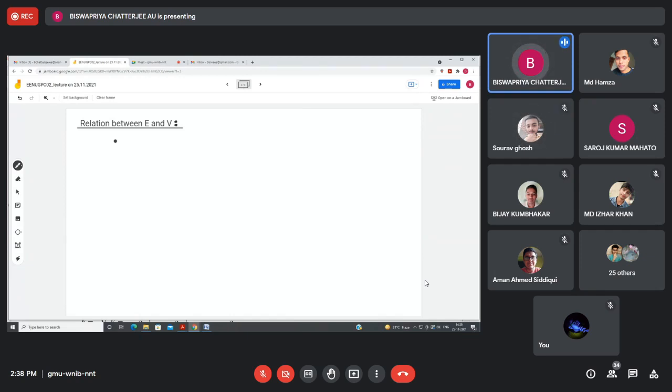Okay. So let us derive the expression of E and the relationship between E and V. As per the previous page, dV, or the potential, is minus E dot dl. It is the fundamental relation. Now we can break E and dl into their vector components.